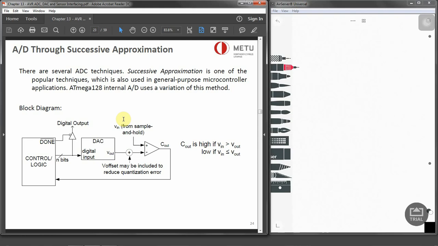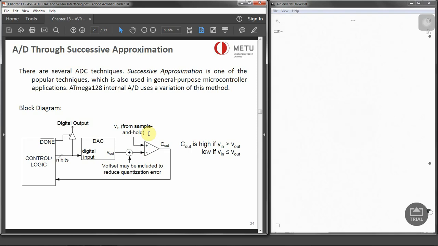Sample and hold circuit samples and stores the analog input V-in. So we have got that V-in analog input. First, for example, we start with 6-bit analog to digital conversion. Set the most significant bit to be 1, and then we compare.